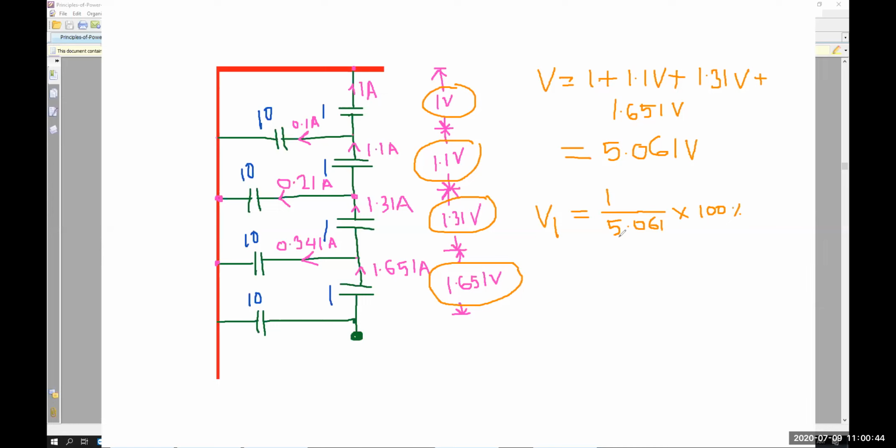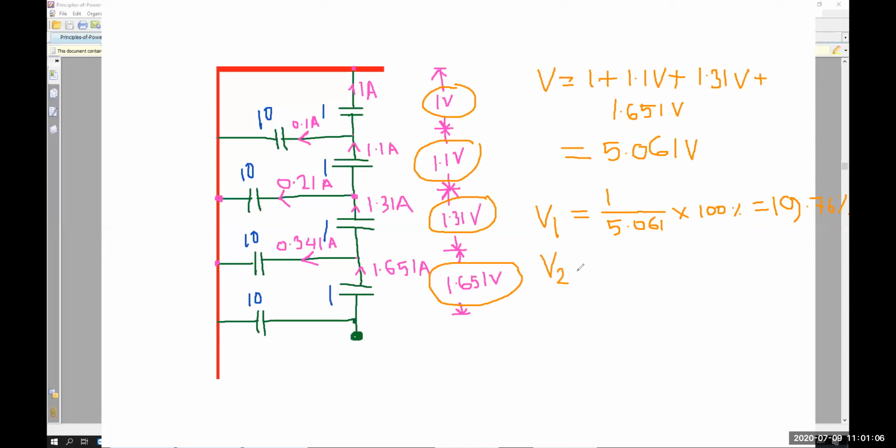So 1 divided by 5.061 into 100%, that is 19.76, right?